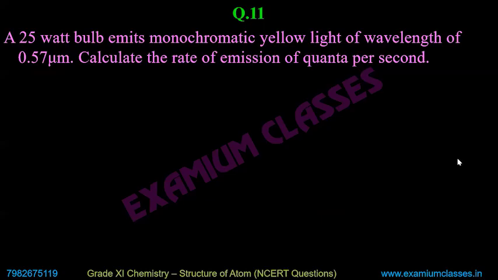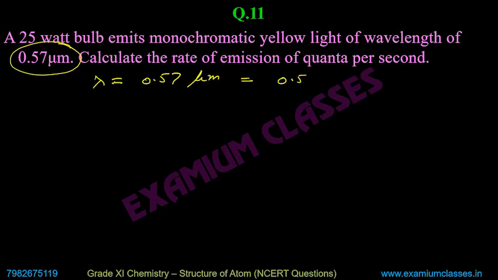Next, a 25-watt bulb emits monochromatic yellow light of wavelength of 0.57 micrometer. Micrometer, it means you have to convert this wavelength to meter. Lambda is the wavelength. It is given as 0.57 micrometer, and micro is 10 to the power minus 6 meters.